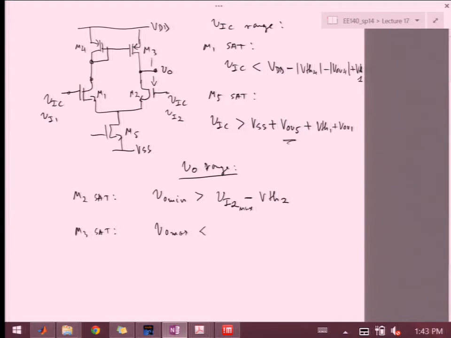How far can I take this node? What is the acceptable VDS voltage for this transistor so that it's still in saturation?